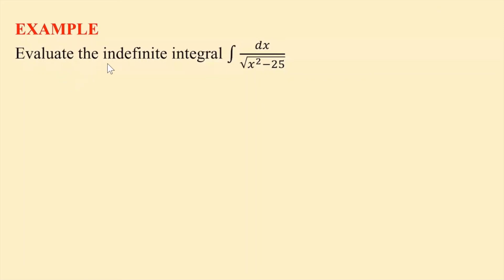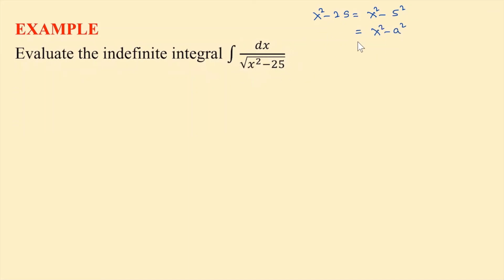Example: evaluate the indefinite integral dx over square root of x squared minus 25. If we look at this integral carefully, it has x squared minus 25, which is similar to x squared minus 5 squared, or x squared minus a squared.